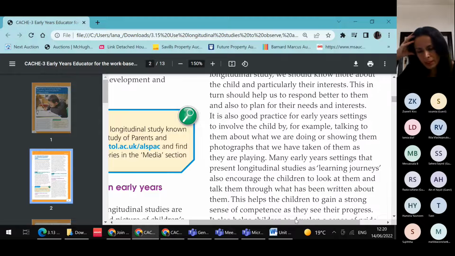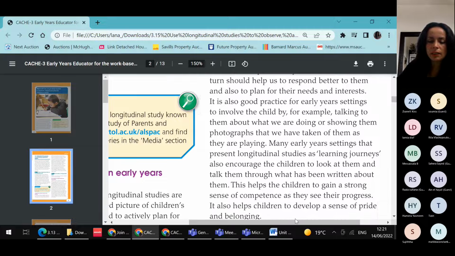So the more we understand the child, this will encourage the other children to look at this child, talk to them, and we will provide a written assessment. So as soon as we talk to the child, understand them, get more information, we provide a written assessment. And then we also compare them to other children.